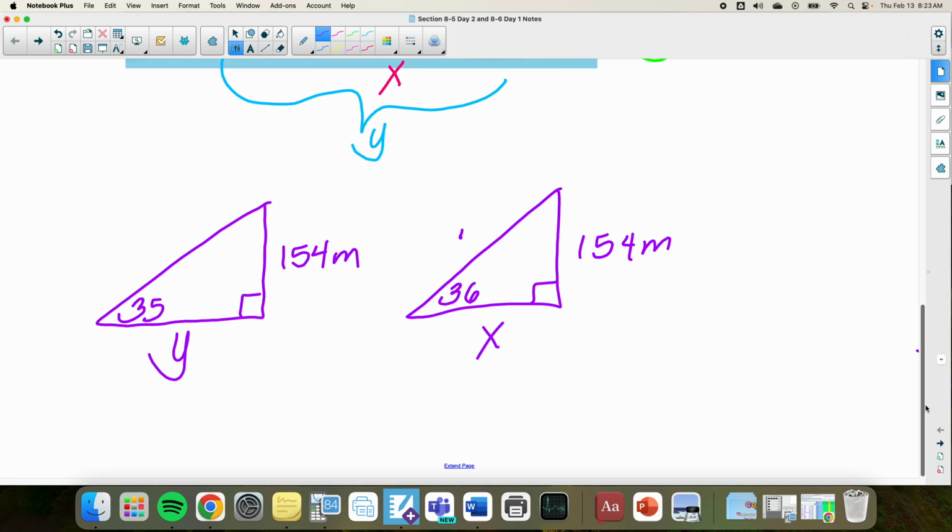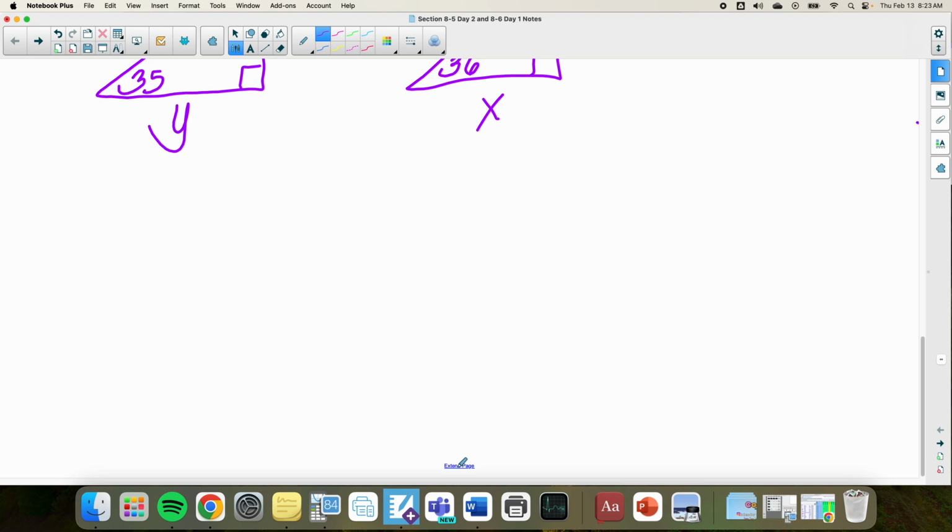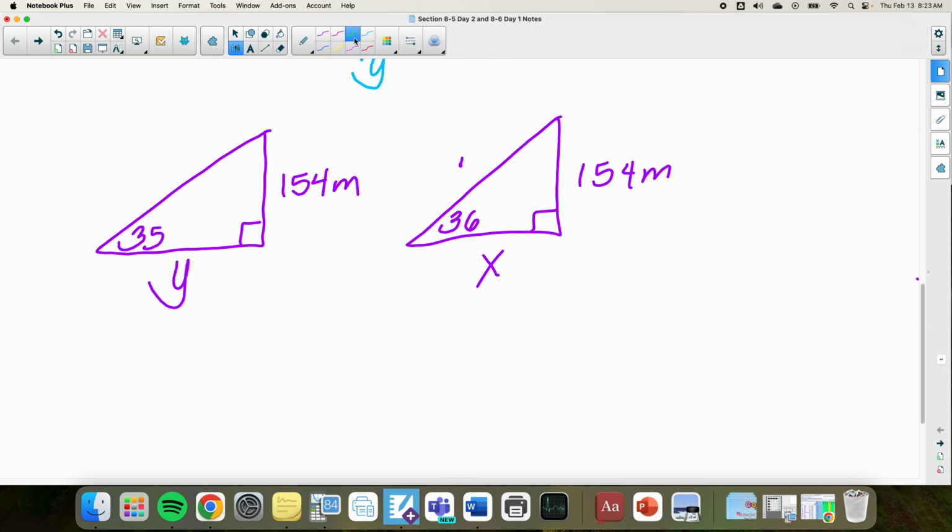Now, do you guys see we're gonna end up doing two tangent problems, right? So when I go to do this, here's my angle. So this is opposite, this is adjacent. In this one too, this is opposite, this is adjacent. So what trig function is each of those? It's tangent.